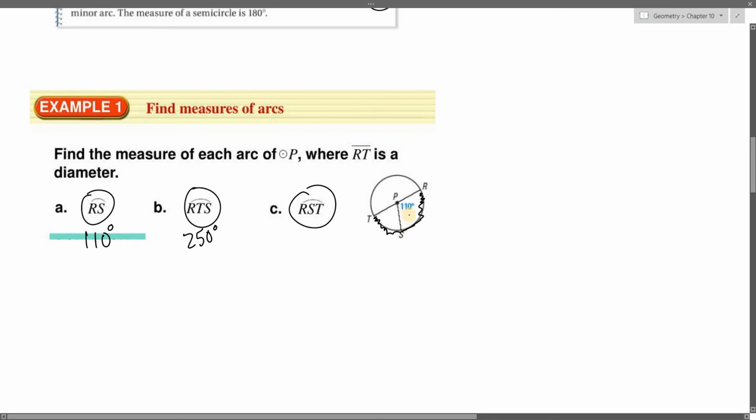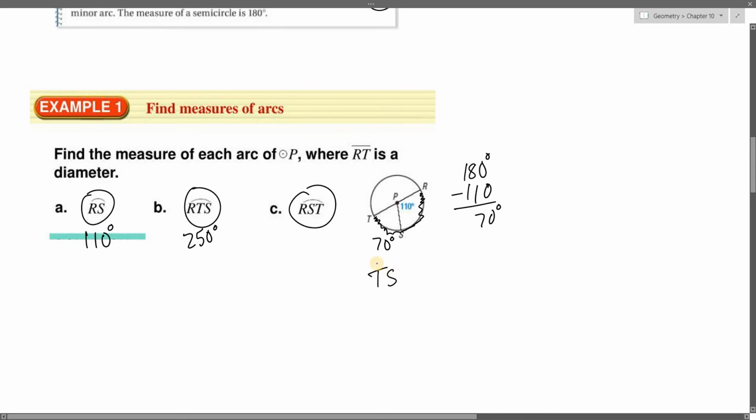The question you need to ask yourself is, how many degrees does a semicircle have? And you should be saying 180. So again, this is a simple subtraction problem, but we're only concerned with half the circle. And so you should be saying, all right, 180 minus 110, this will give me 70 degrees.